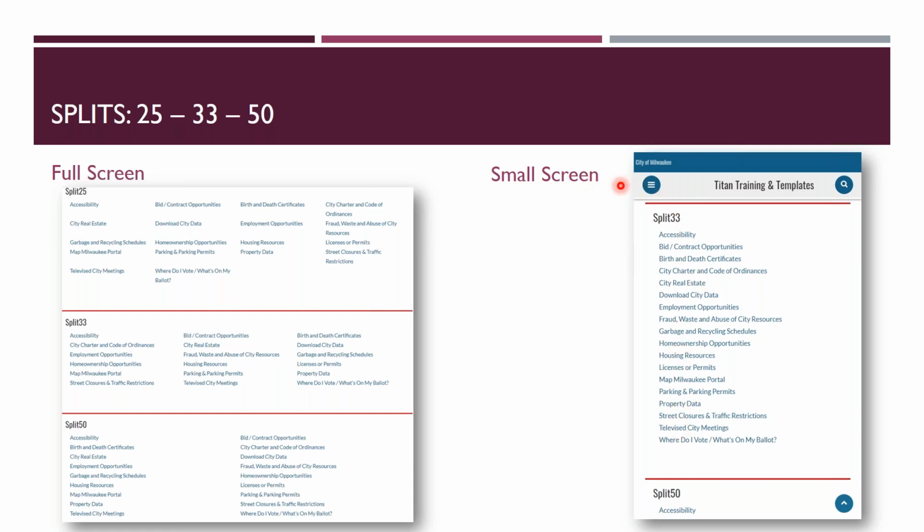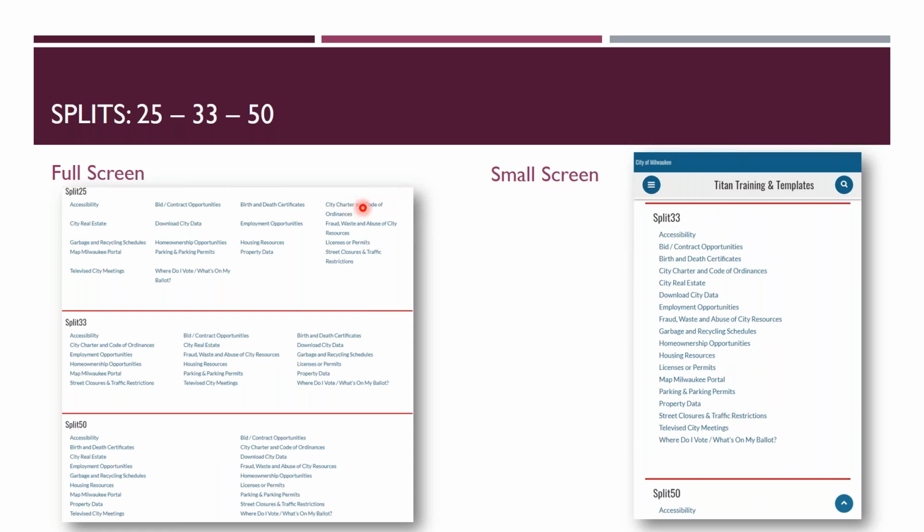So again, on the small screen, it's just going to appear in one row, one item per row, one column. But again, as you stretch to the larger screens, so that you can use up the full width of the site, you may want to opt for one of the evenly spaced split styles to apply to your bulleted list.